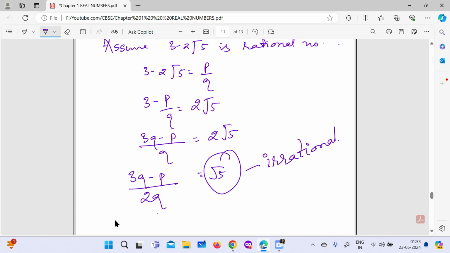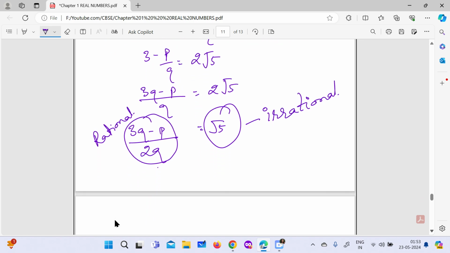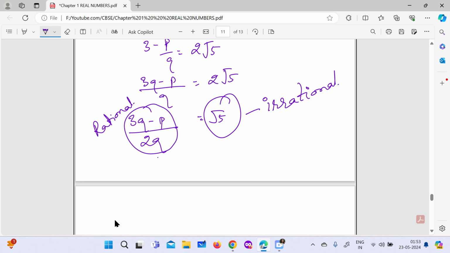Now, when 3q minus p upon 2q is a rational number, then we are assuming that root 5 is also a rational number. So this is not correct, so our assumption is wrong. If we accept this is a rational number, then since this is equal to root 5, we have to accept root 5 is also a rational number.